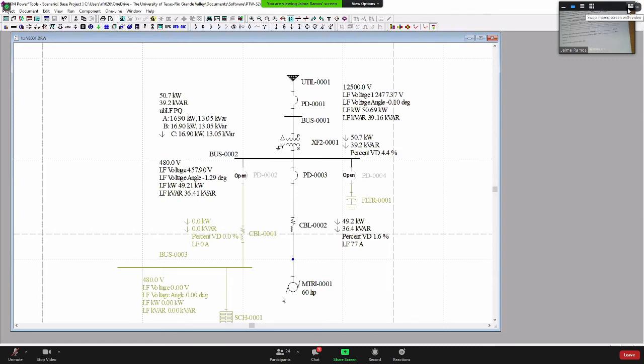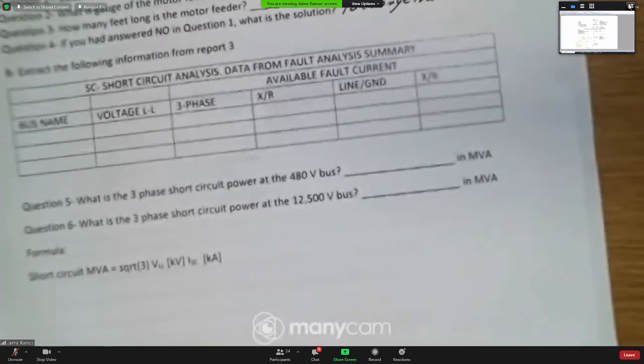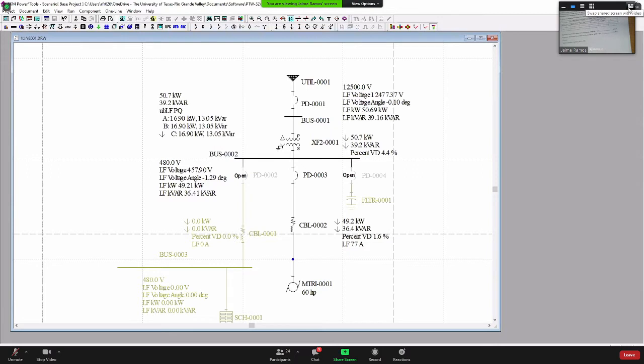So different short circuit contributions are going to happen because the thing that is limiting the short circuit is the distributed resistance. For short circuit studies, we have not done that yet. This is kind of new material.